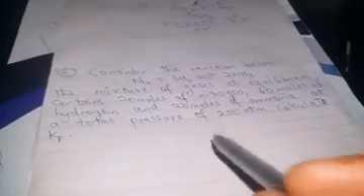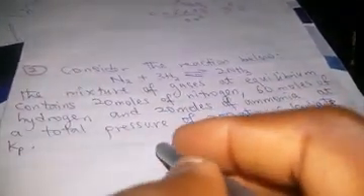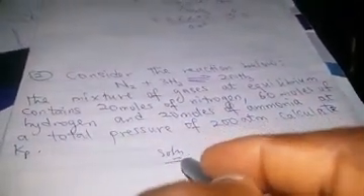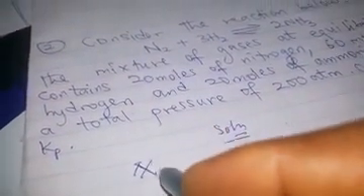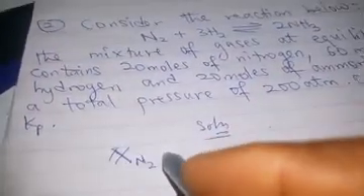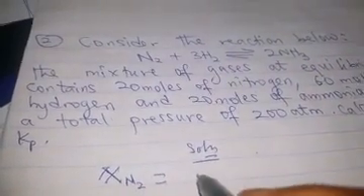Calculate Kp. Okay, before we can calculate Kp, since we are given the number of moles, we can easily find the mole fraction. Now, solution here. Here we can say the mole fraction for nitrogen is equal to the number of moles of nitrogen, which is 20, all over the total number of moles.